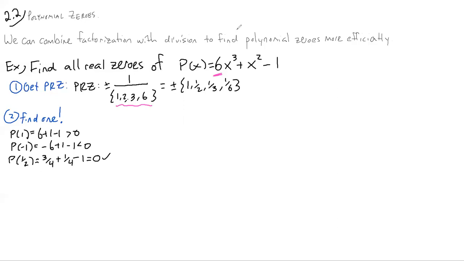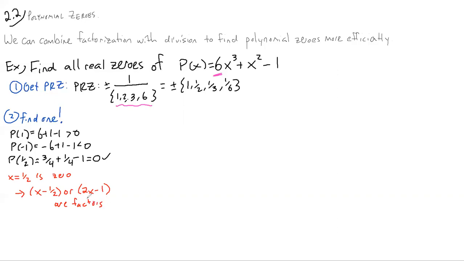So what we get, that's x equals a half is a 0. So that means that, again, you could write it as x minus a half, or the nicer version is 2x minus 1, our factors. I don't like working with the x minus a half.